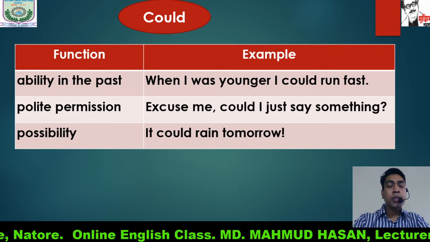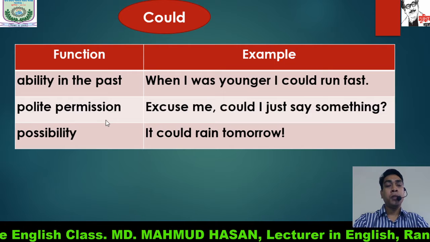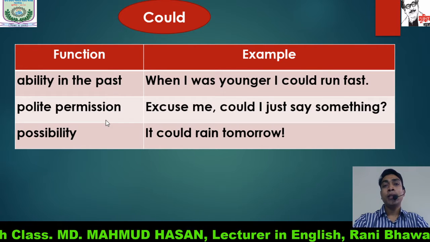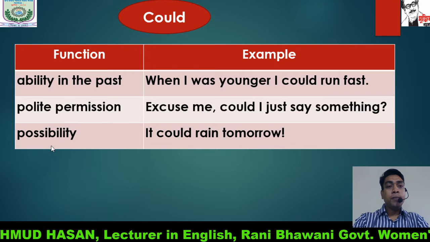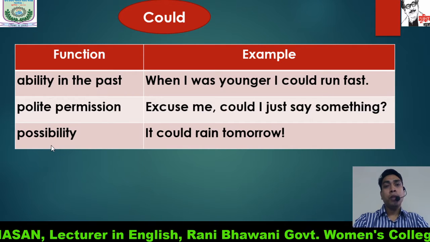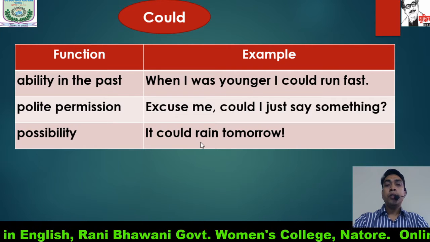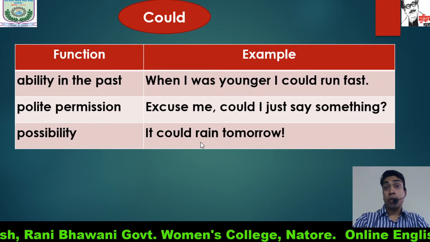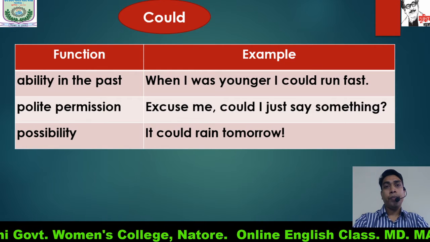So this actually refers to polite permission. Decency is expressed here. And then in case of possibility, we also use could. It could rain tomorrow. Possibility.